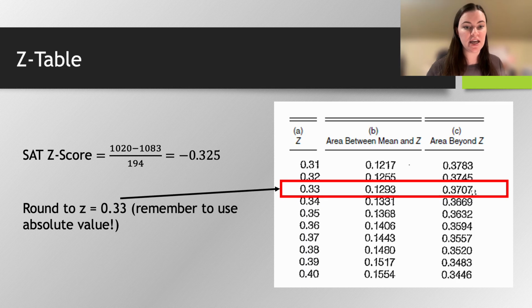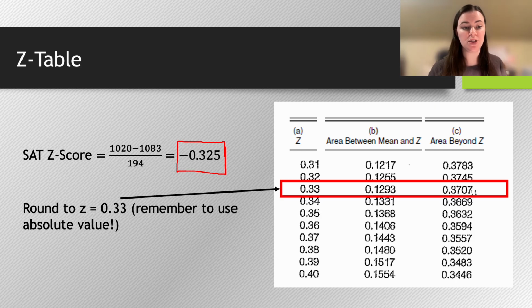So let's take a look at our standard normal table and how we would actually operate this. Our z-table, or standard normal table, allows us to look up the associated areas with our z-score on the table itself. It rounds all answers to the hundredths place, so make sure, even though we calculated this to the thousandths place, that you're rounding accordingly.